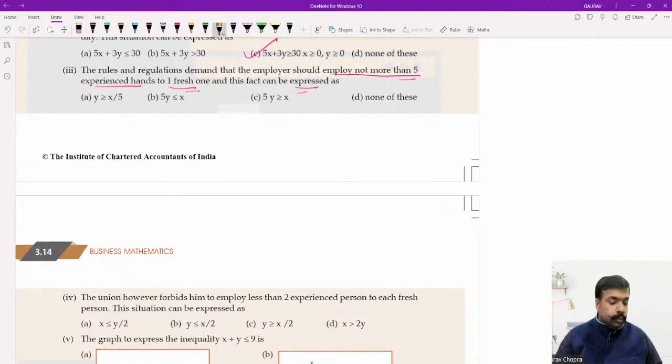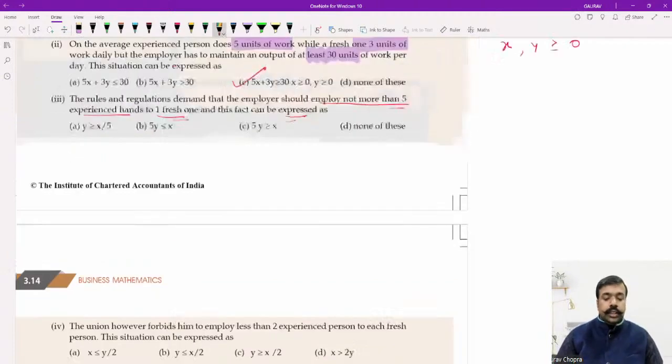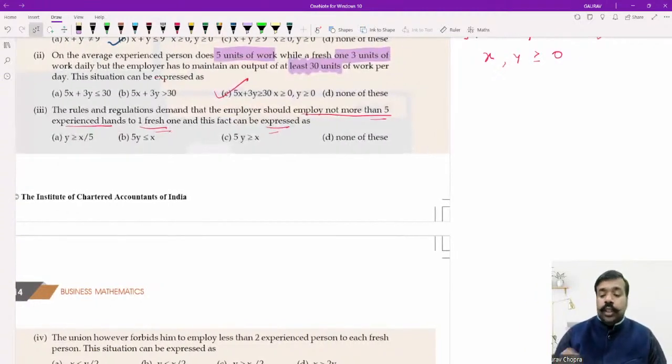Yes, someone has given option number C. Okay. Let us see. Now, X is for experienced and Y is for unexperienced, or we can say the fresher.